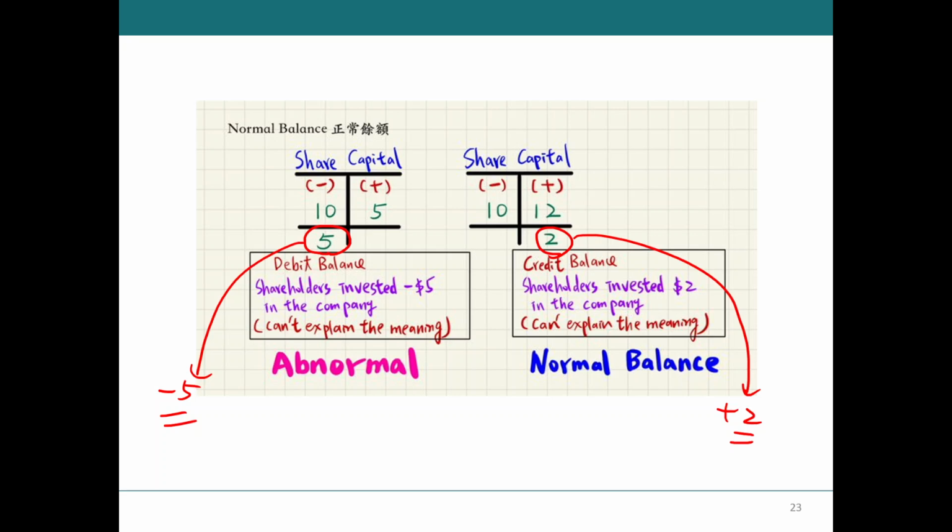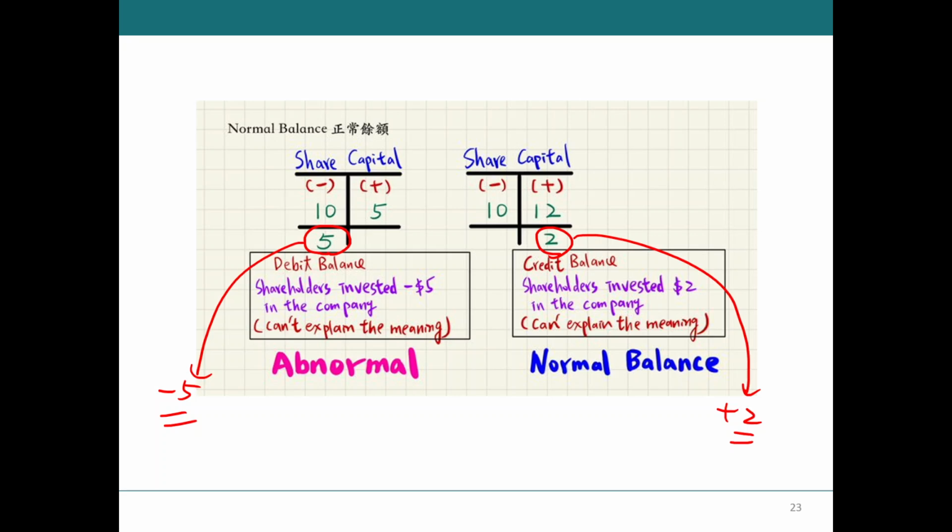You could say no one wanted to invest in me, so I don't have any money from investors: 0. Or investors invested a total of $10, so it will be plus 10.